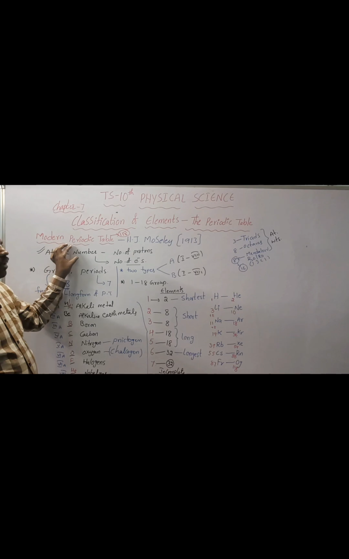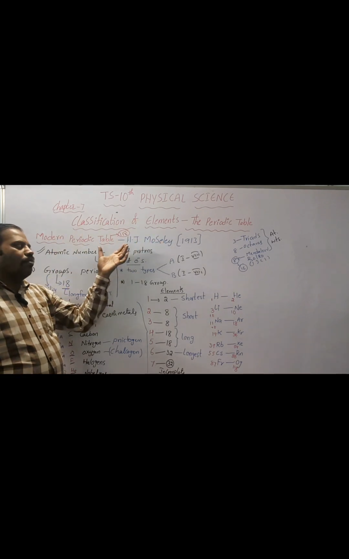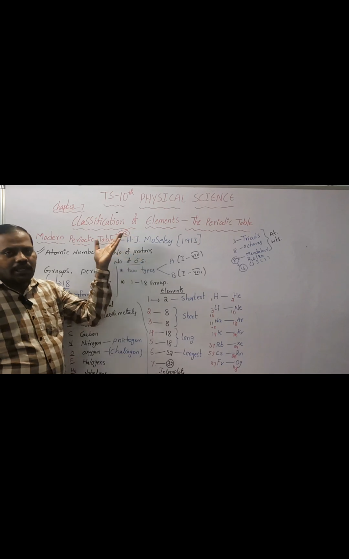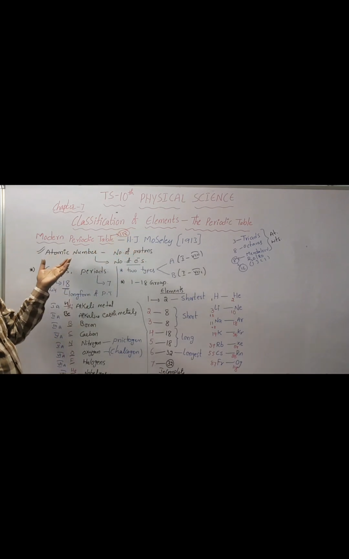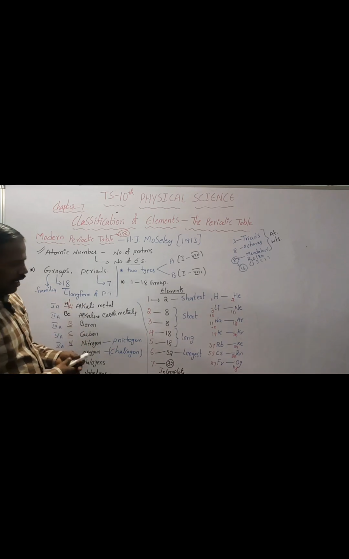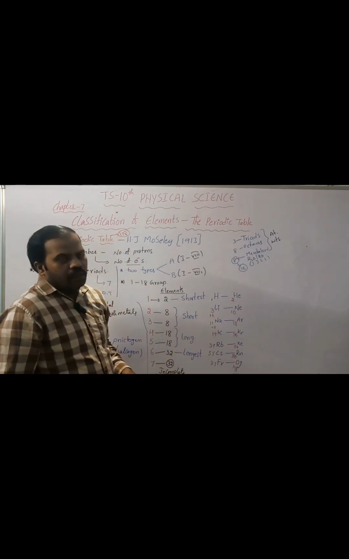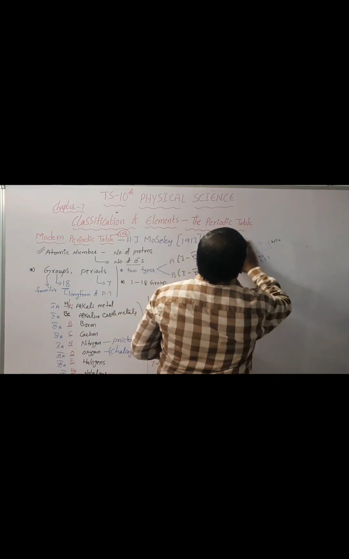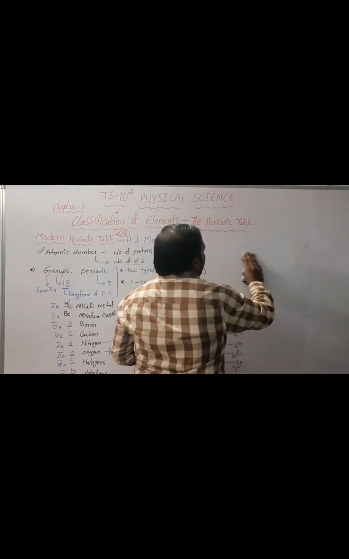Why? At this time the numbers of electrons and protons were identified and both are equal. Based on that he gave the groups and periods. For this classification he gave one periodic law, which is important. So what is the periodic law?